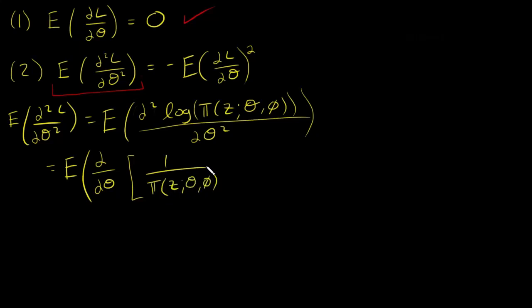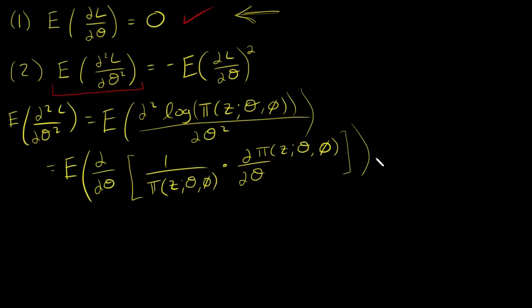Then we use the chain rule and multiply that by the derivative of the density function. We did this in the first video when we showed the first relationship for equation 1.